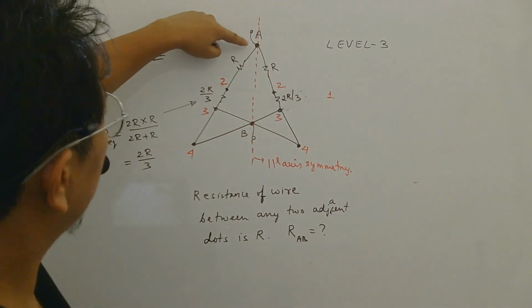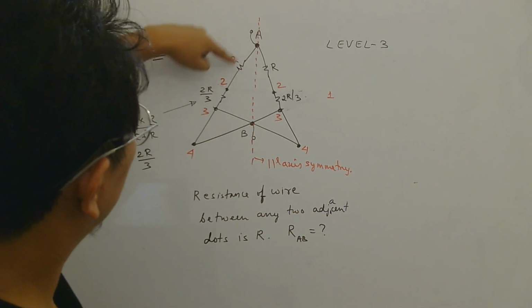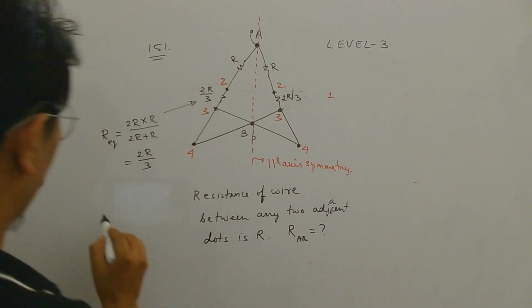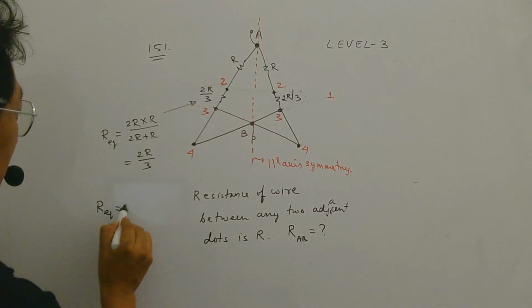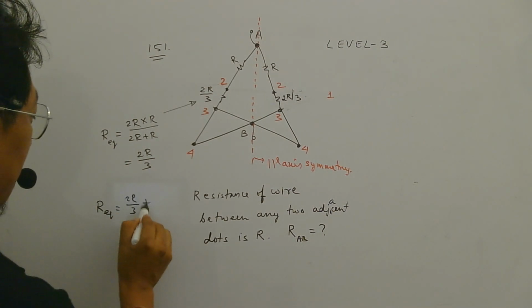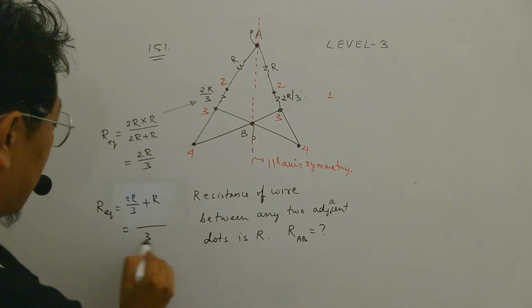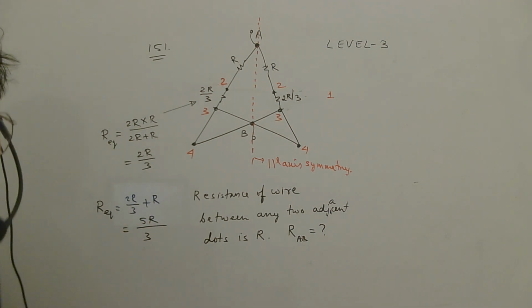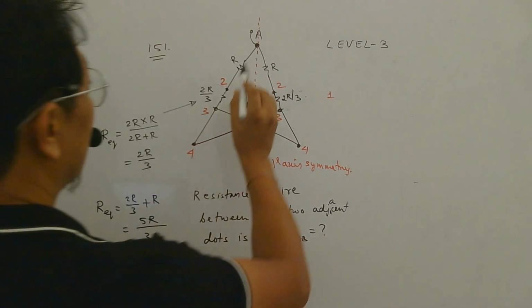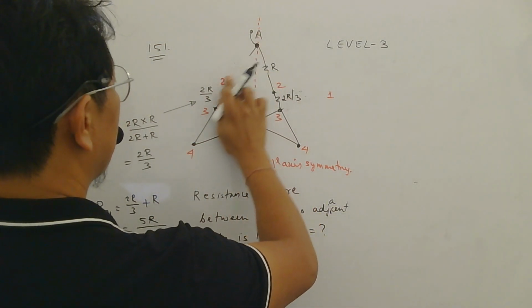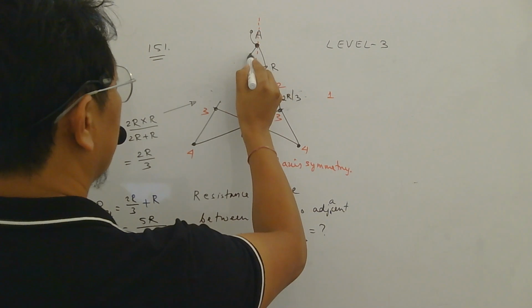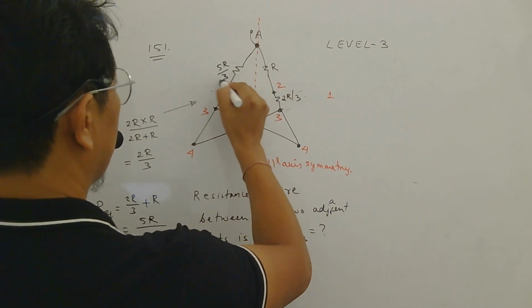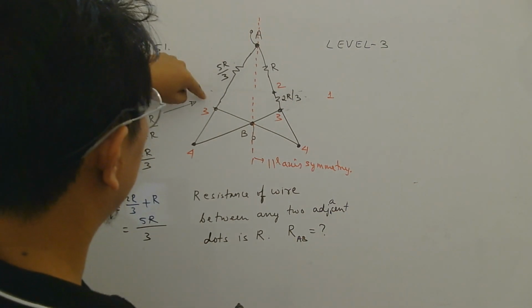So now between A and 3, you can see these two are in series. So these two can be replaced by what resistance in series? 2R by 3 plus R. That will be 2R plus 3R, 5R by 3. Isn't it? So you can replace this resistance by 5R by 3 between A and 3.